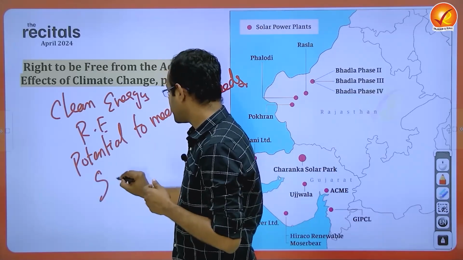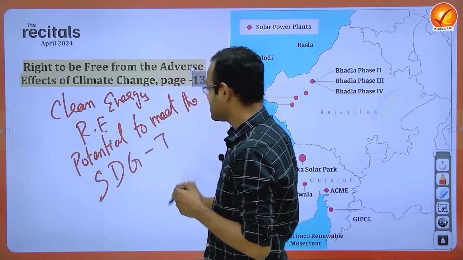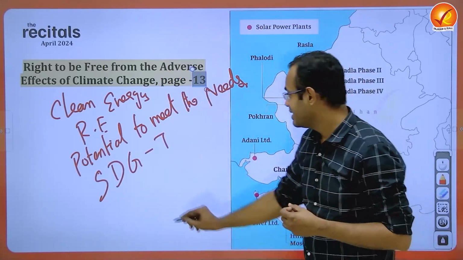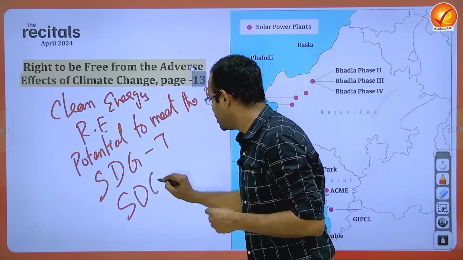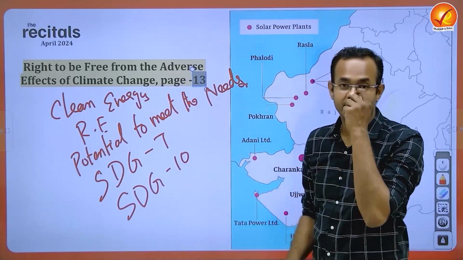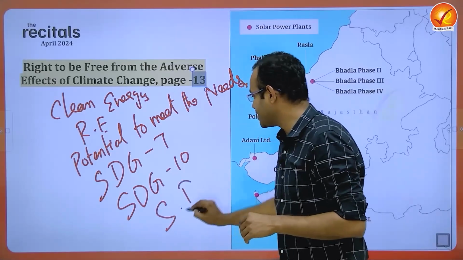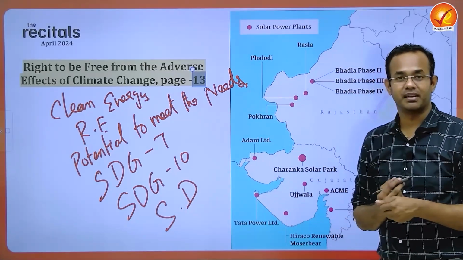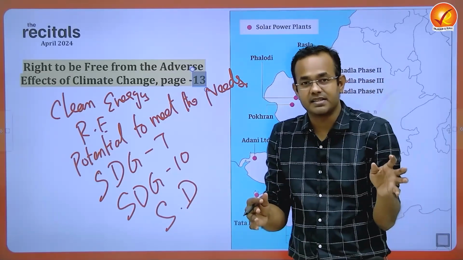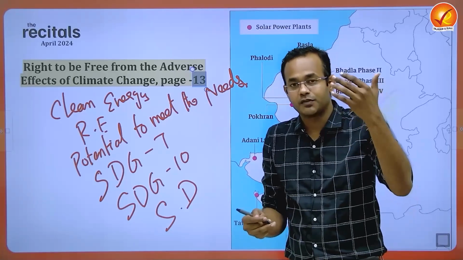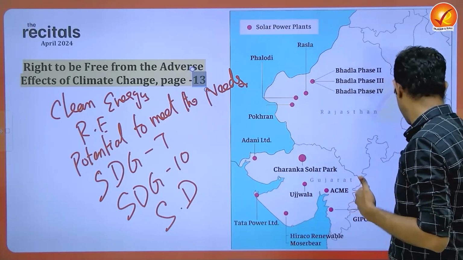And then we have Sustainable Development Goal 7, clean energy, Sustainable Development Goal 10, reduced inequalities, and also you can speak about sustainable development. This is where we have to find the balance, right? So look at it from the prelims point of view, look at it from the mains point of view as well, right?